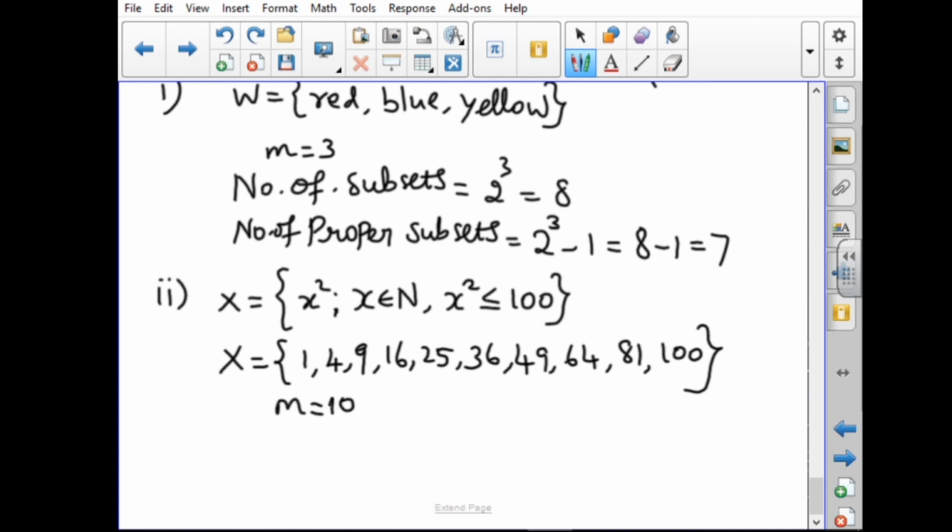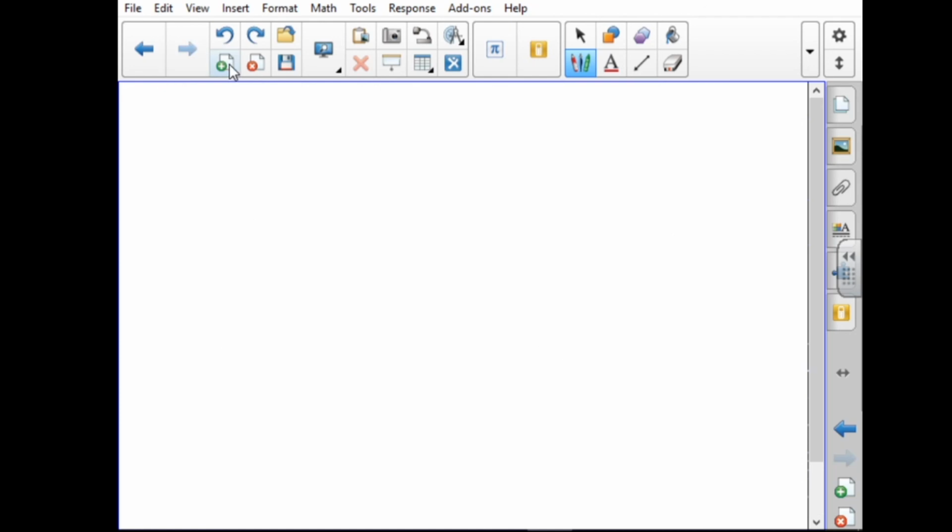So number of subsets is equal to 2 power m. Here m is equal to 10, number of elements 10.